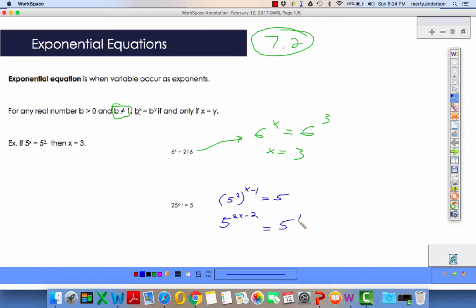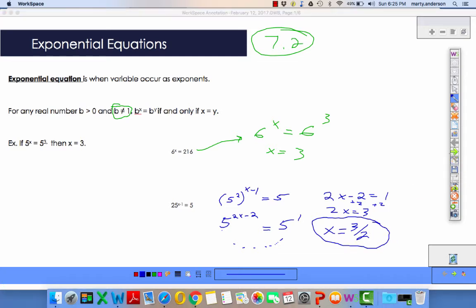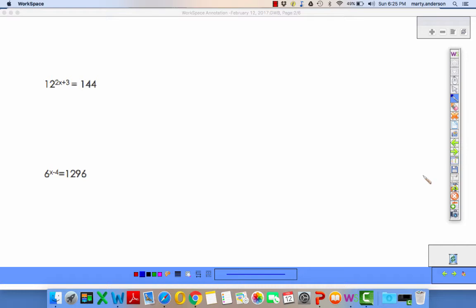Now this is 5 to the first power. So again, I've got the bases the same. Set the exponents equal to one another. 2x minus 2 equals 1. 2x equals, I'm going to add 2. Add 2. 3. X is 3 over 2, or 1.5. So you're just getting the bases to equal one another, and then you set the exponents equal to each other, and you're good.